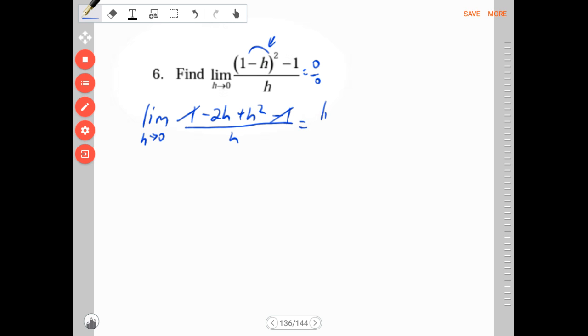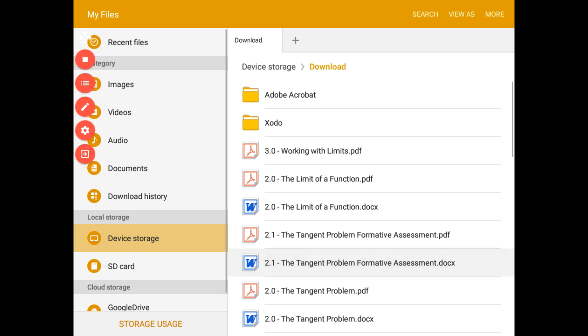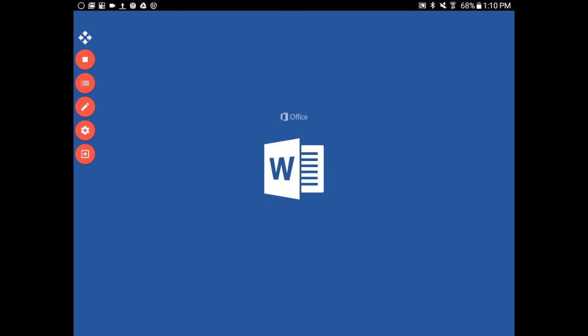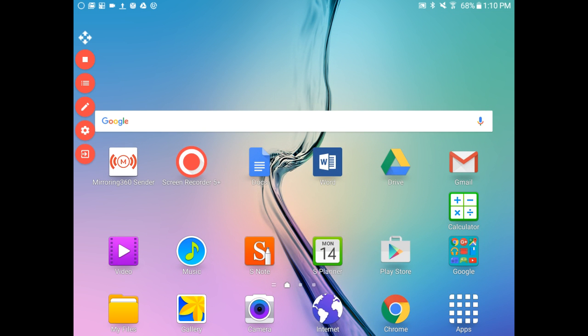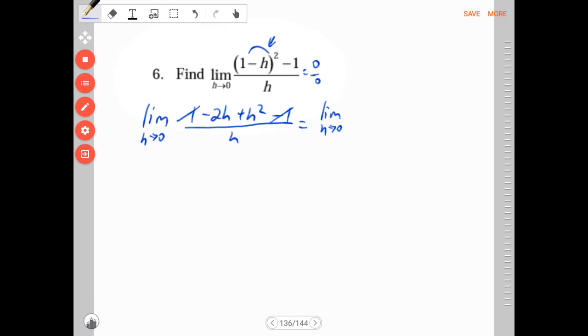So this is the limit as h approaches 0 of negative, whoa, what's going on? Sorry, hitting the wrong buttons everywhere here now. There we go. Alright, so you've got negative 2h plus h squared over h.